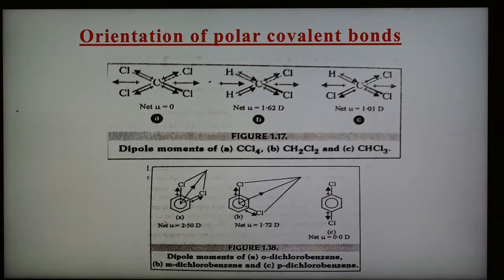So in case of CCl4, the dipole moment value is 0.